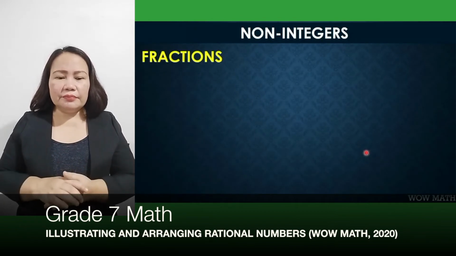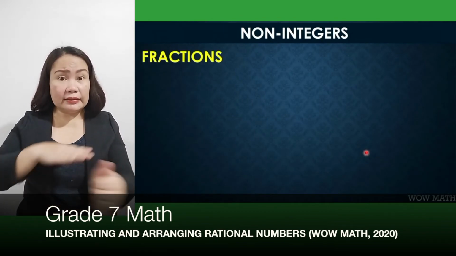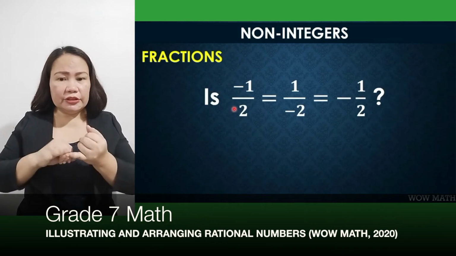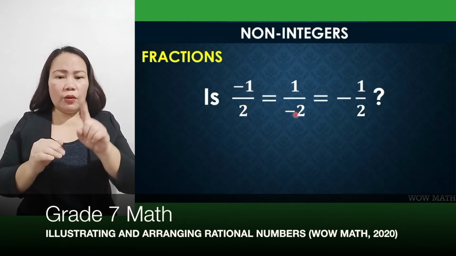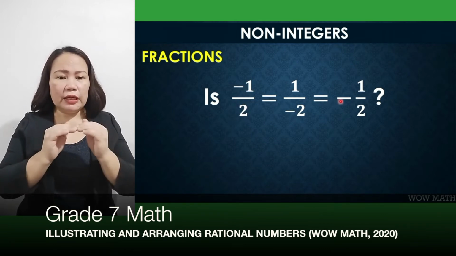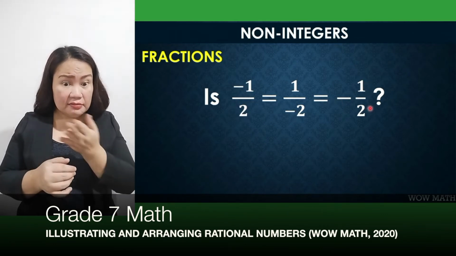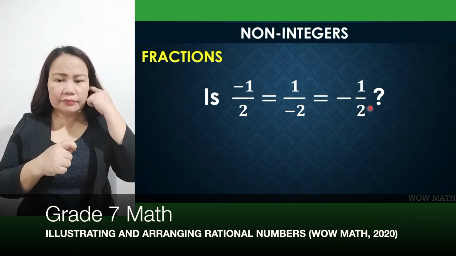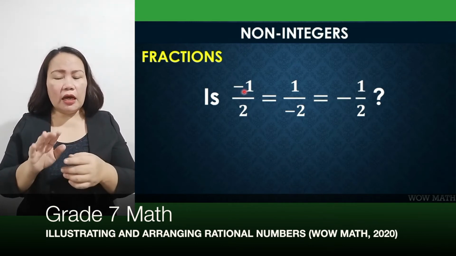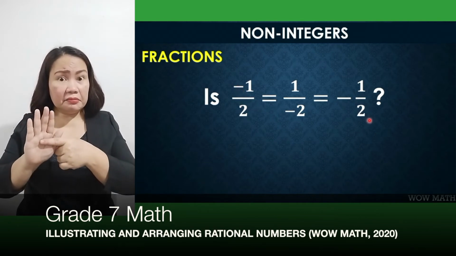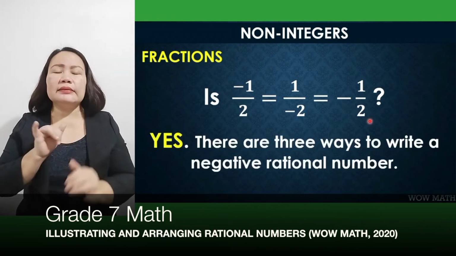So, under non-integers, is negative 1 over 2 equal to 1 over negative 2, and negative 1/2? Okay. So, try to analyze. Ito bang tatlong ito na iba-iba ang pinaglagyan ng ating negative signs or equal? Yes.